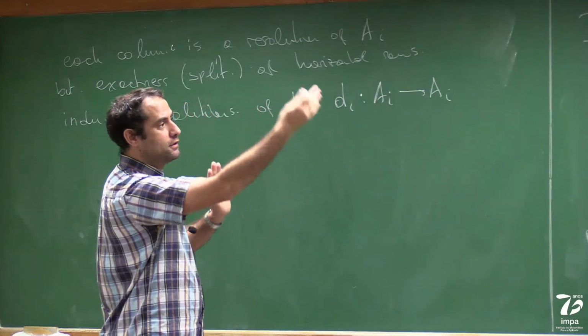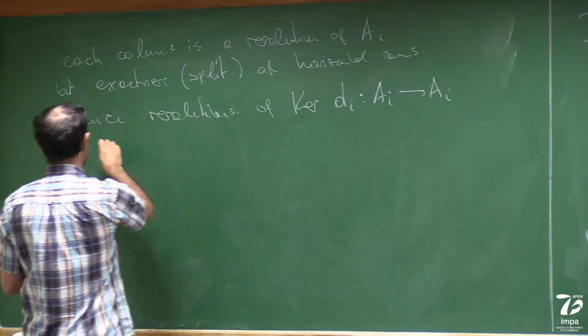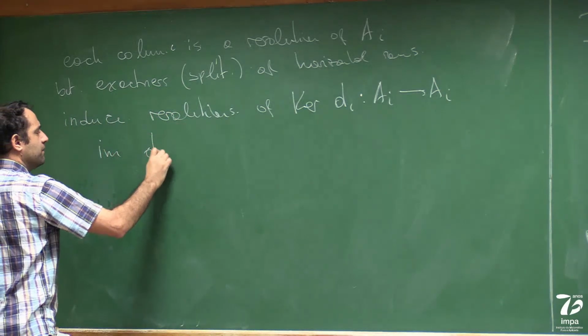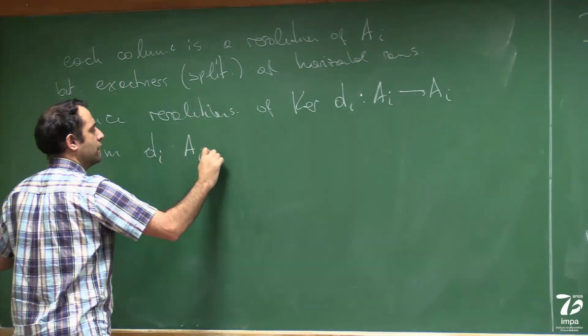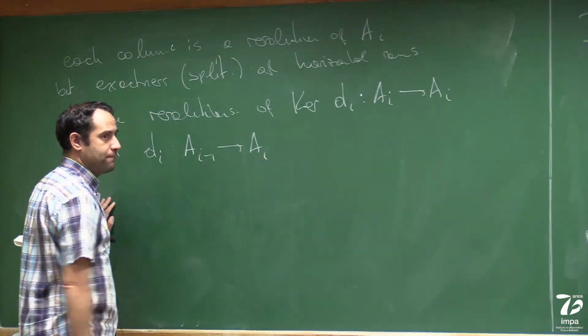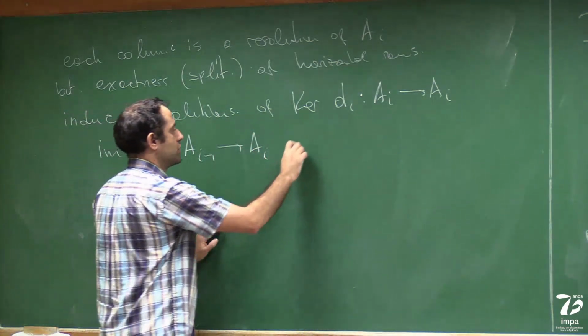You just take the kernel of the column. The image of the differential from A^{I-1} to A^I, and therefore of the homology.